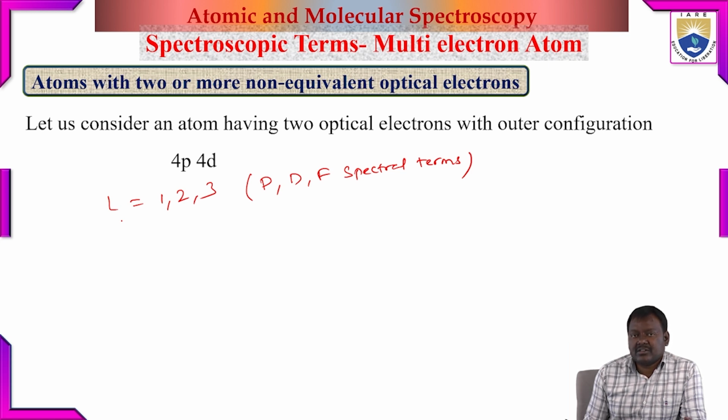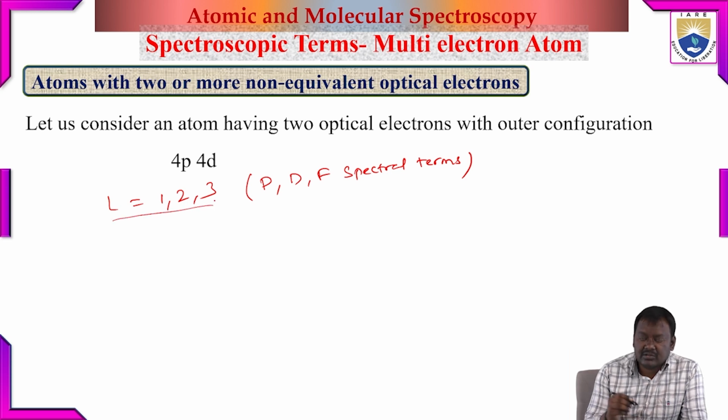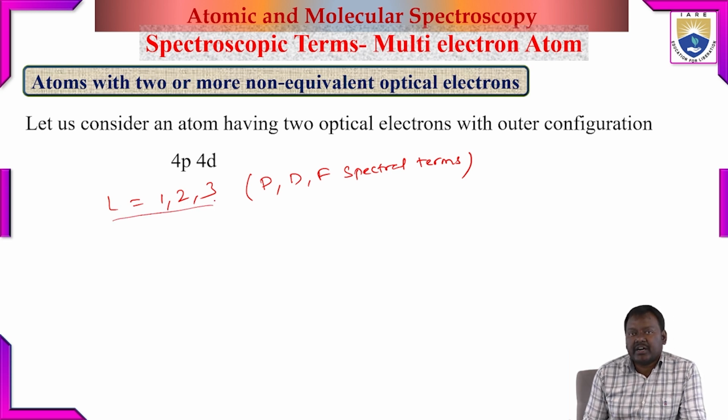So after spin correlation, we must add the electrostatic residual interaction, which is due to the Coulomb force. Then LS coupling, that means spin-orbital interaction occurs.